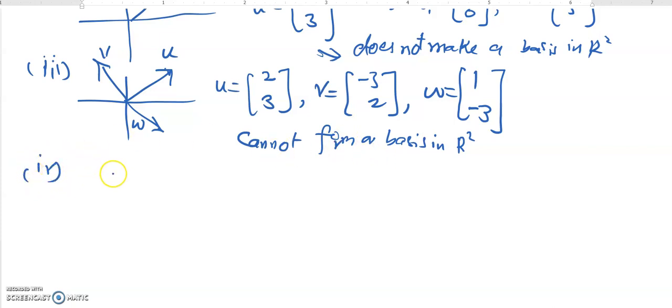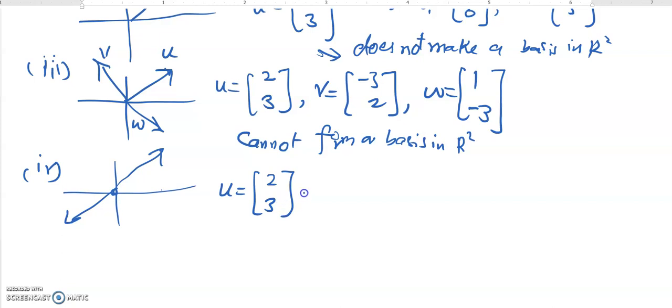Number four is this. For example, if you have two vectors, and one is passing through the origin, say U is equal to (2, 3) and the other vector is V, which is (-2, -3).